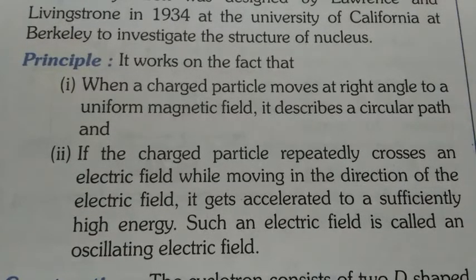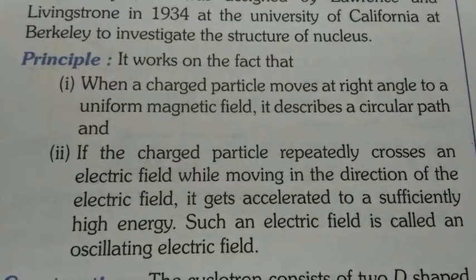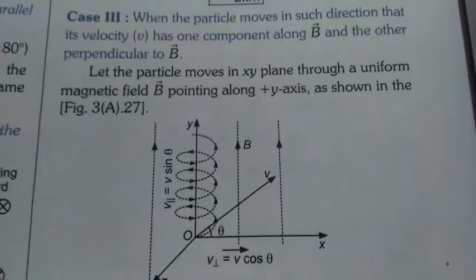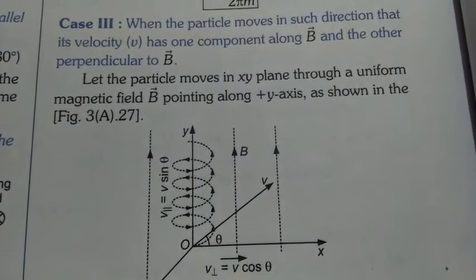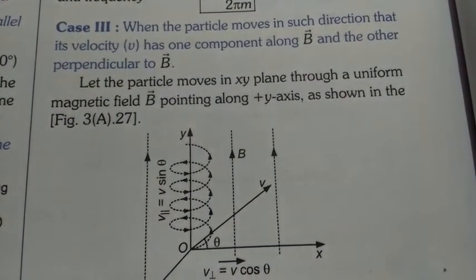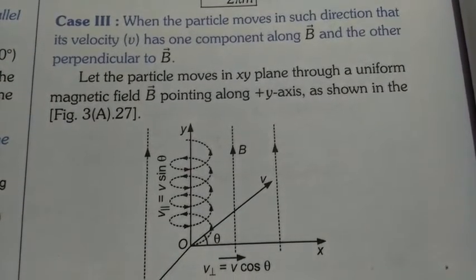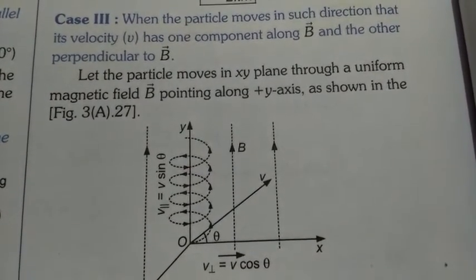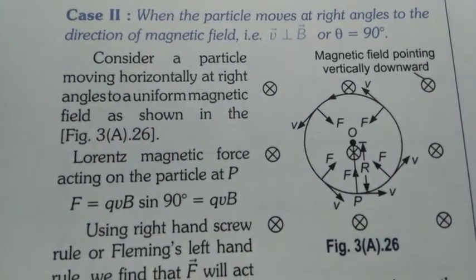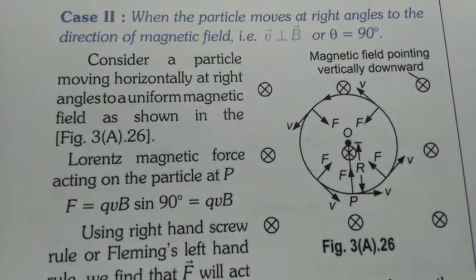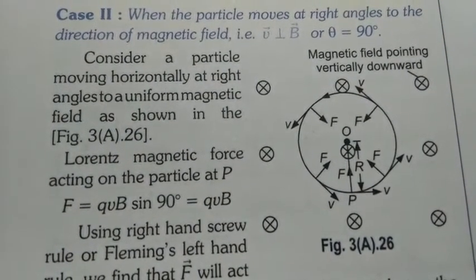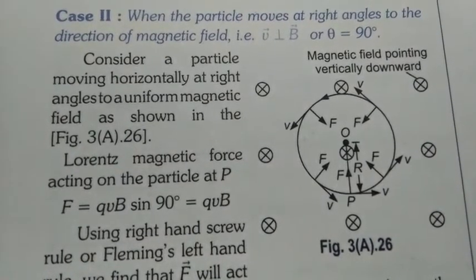Now let me show you the two cases we have discussed, on which this cyclotron depends. This is case 3, when the charged particle is moving in a uniform magnetic field. The cyclotron depends on two principles. First, when the particle moves at right angle to the direction of the magnetic field, it starts moving in circular motion.